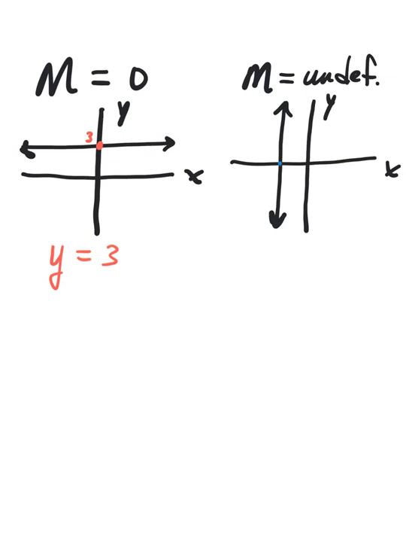And on this graph, let's suppose that crosses at -2. For a vertically oriented line, you will only have the x variable at whatever number the intercept is. So just be very cautious on these two special cases. If your equation only has a y or only has an x, it will fall into one of these two categories. And specifically, your equation will have the intercept as your numerical value.